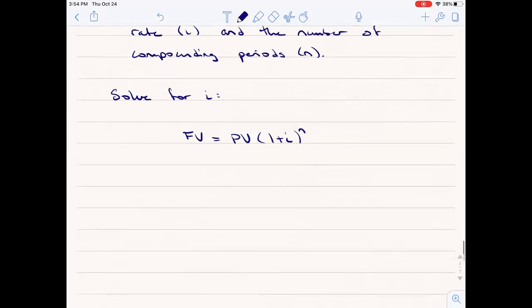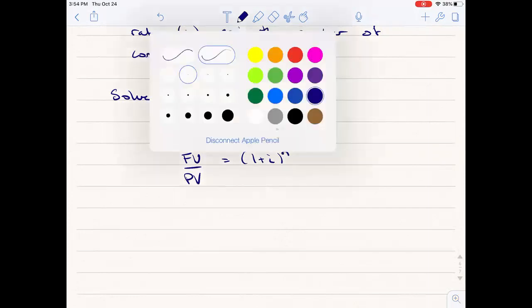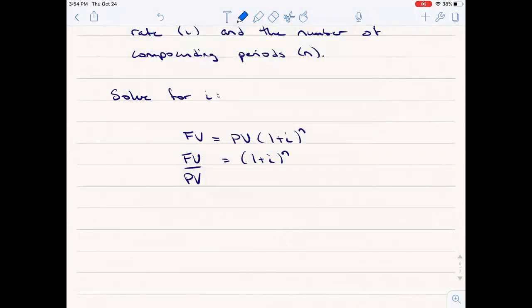So we have to divide both sides by the present value in an attempt to get I on its own. And so we get the future value over the present value is 1 plus I to the power of N. To get that N out of there, the power of N means that we have to take the nth root of both sides.